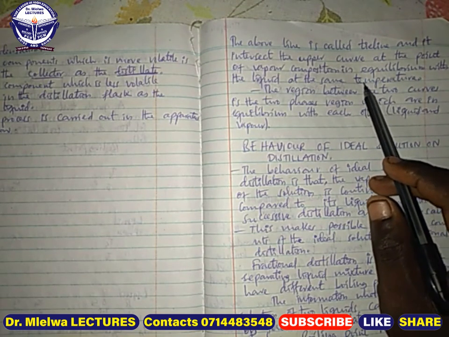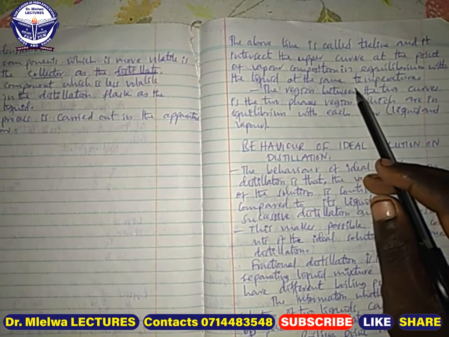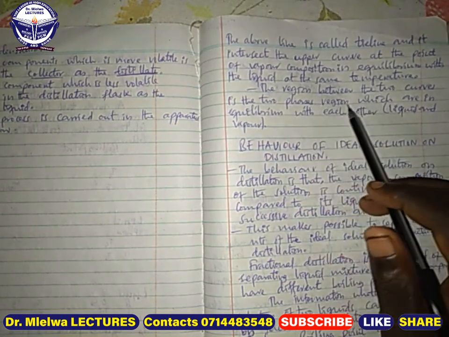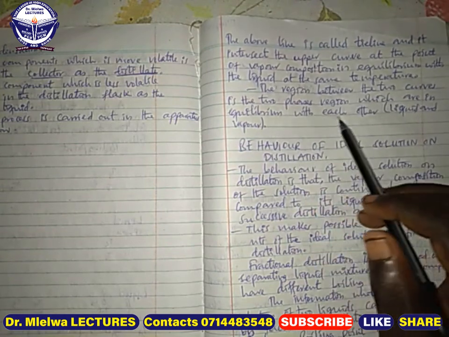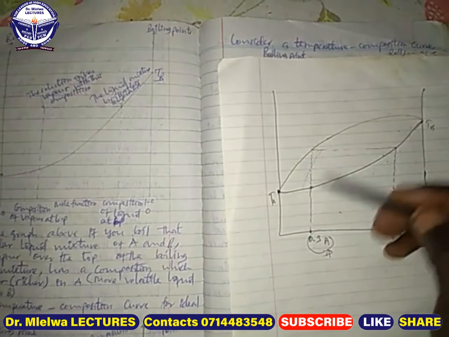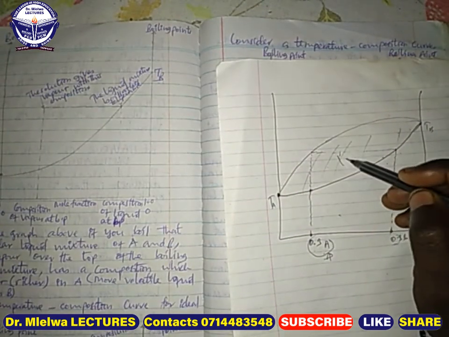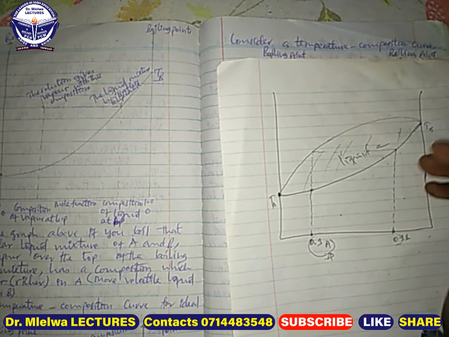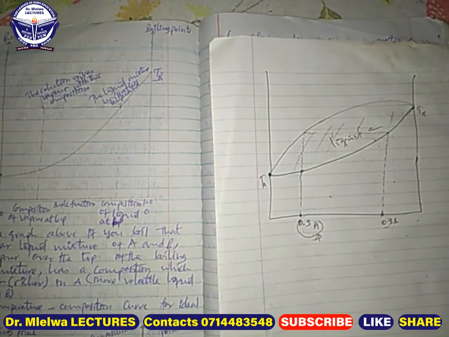Vapor composition in equilibrium with the liquid at the same temperature. The region between the two curves is the two phases region which are in equilibrium with each other, liquid and vapor. So here in between tunakuwa na equilibrium between liquid and vapor.